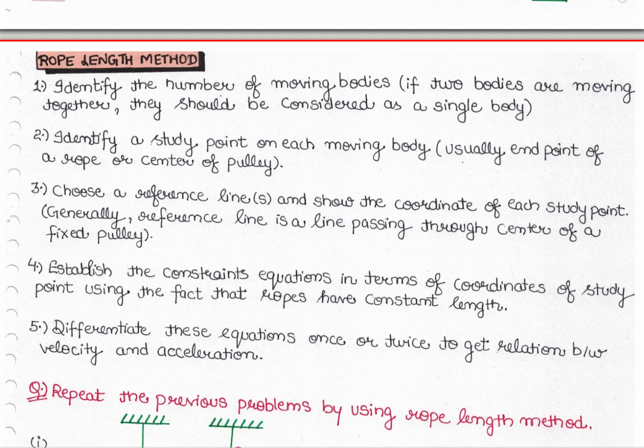Now the rope length method. So what is the rope length method? Number one, identify the number of moving bodies. That is, if two bodies are moving together, they should be considered as a single body. Number 2, identify a starting point on each moving body. That is usually the end point of a rope or the center of a pulley. Number 3, choose a reference line, small s, and show the coordinate of each study point.